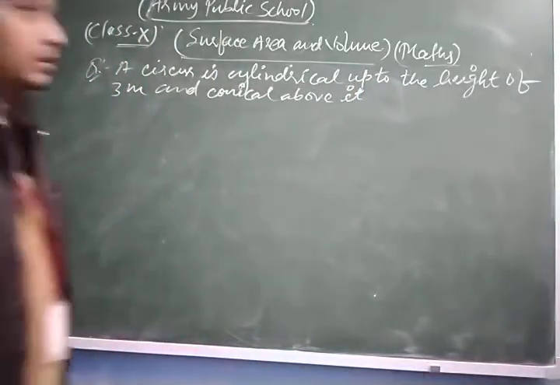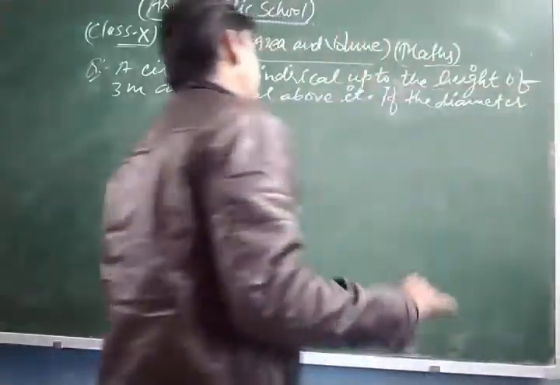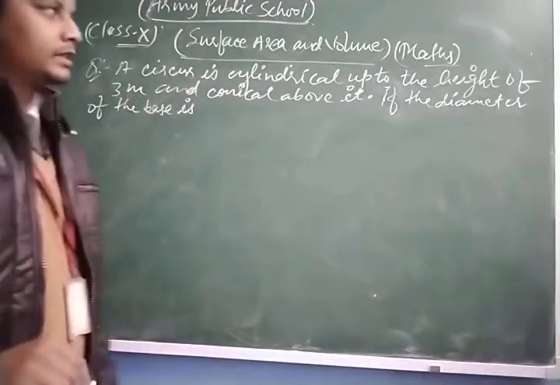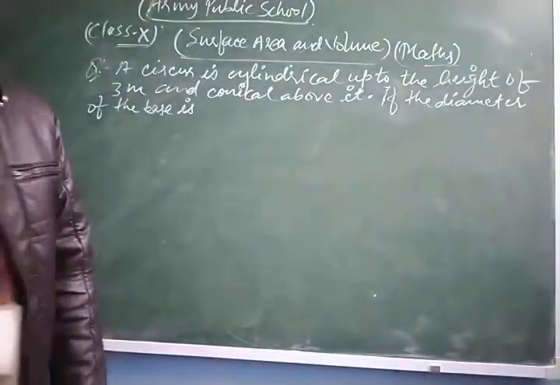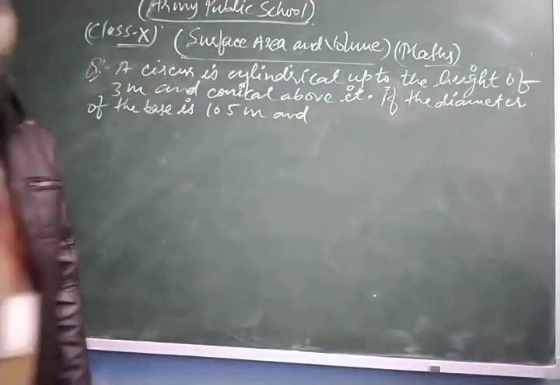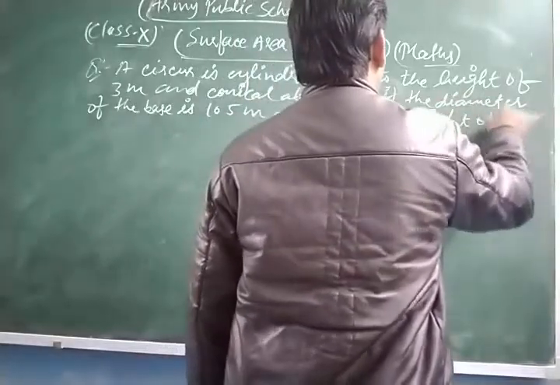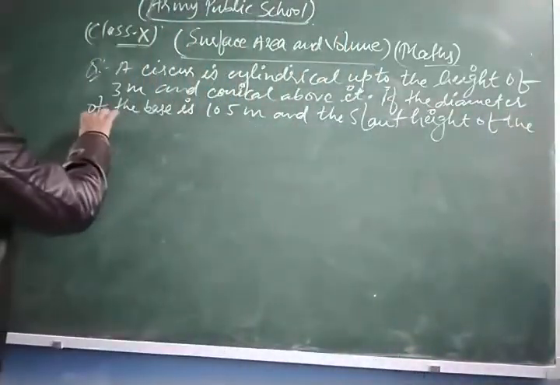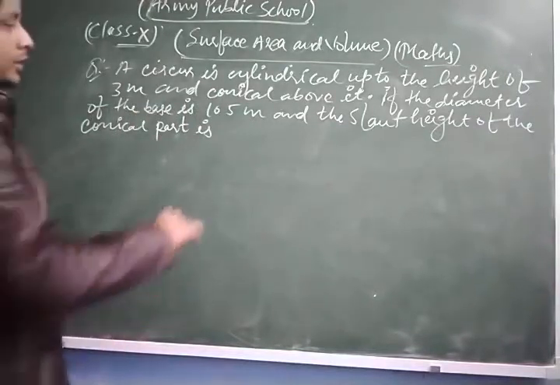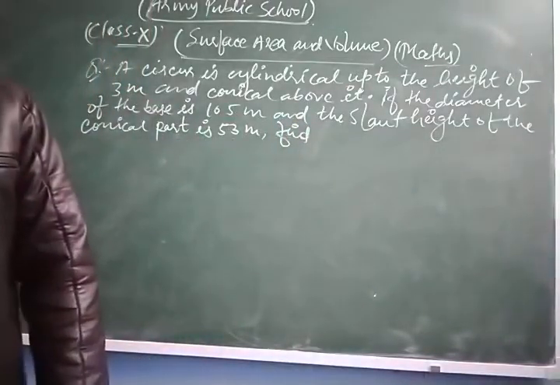If the diameter of the base is 105 meter and the slant height of the conical part is 53 meter. Find the total canvas used in making the tent.